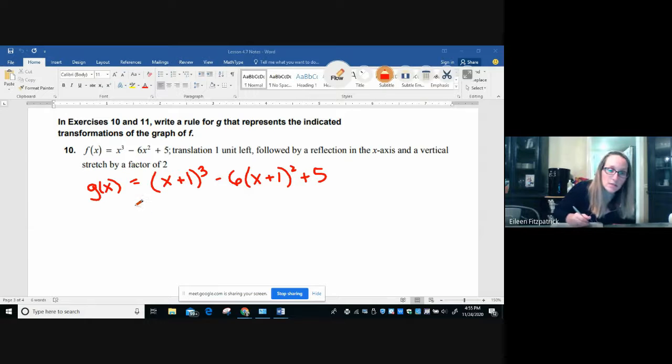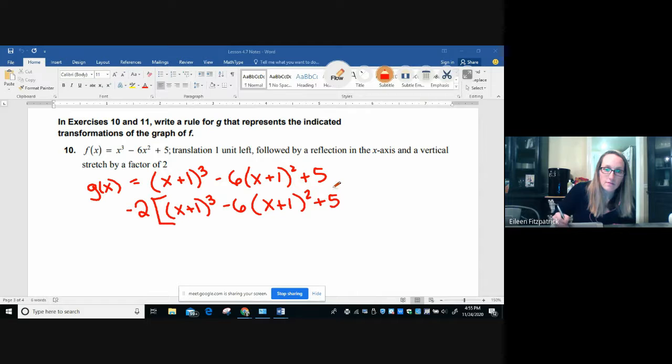So the easier way of writing it for now is -2, and then a bracket, x plus 1 cubed minus 6, x plus 1 squared plus 5, and then an end bracket.